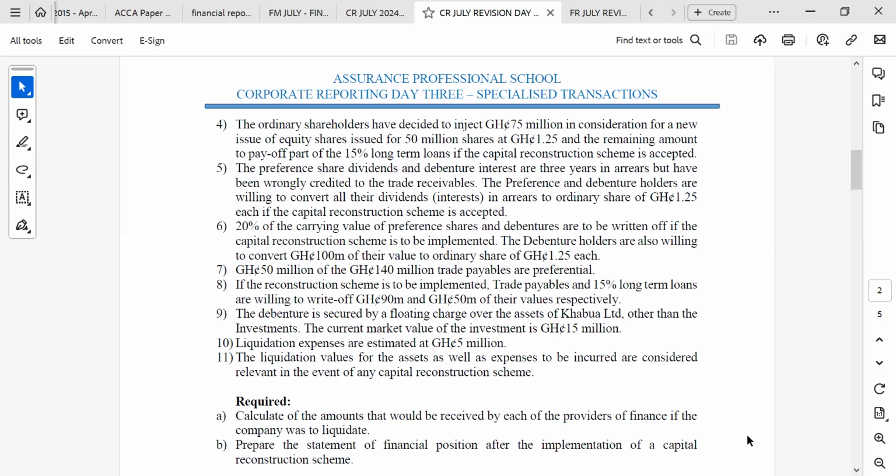Sir, can one consider the salary owings for employees as also part of the preferential creditors? Exactly. If you are closing down and you are not giving money to the people, how will the people survive? So if salary owings are given in the question and no other information is given, please treat it as a preferential amount.